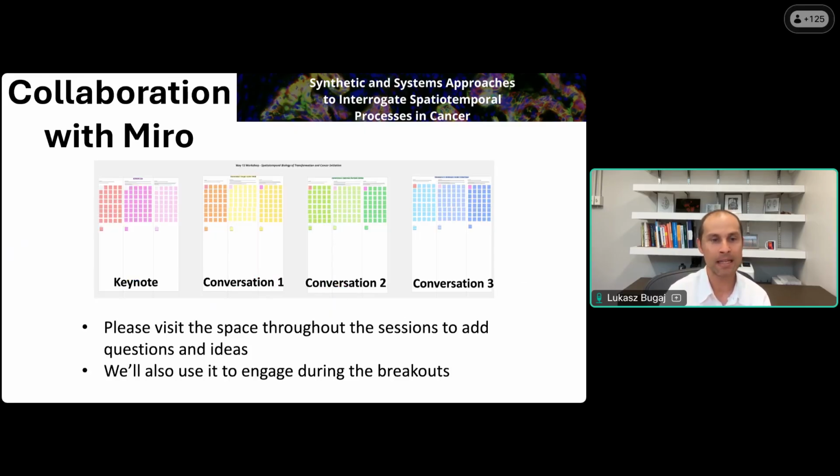So here you see the organization is as follows. On the left will be a board for our keynote, which will begin shortly. On the left side of that board, in the peach sticky notes, we're asking for your questions about the keynote that we can then bring in for a discussion after that keynote, for a question and answer session.